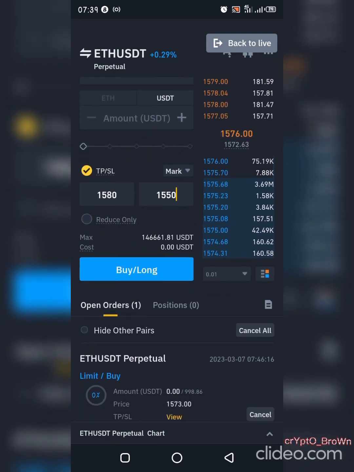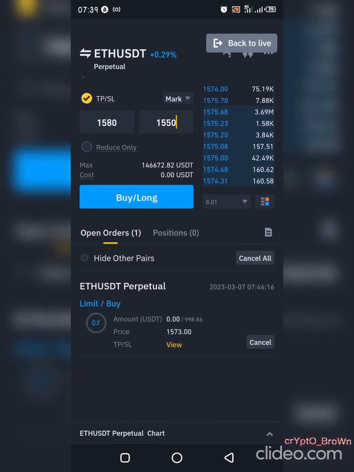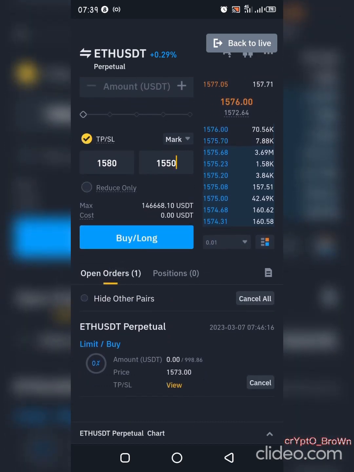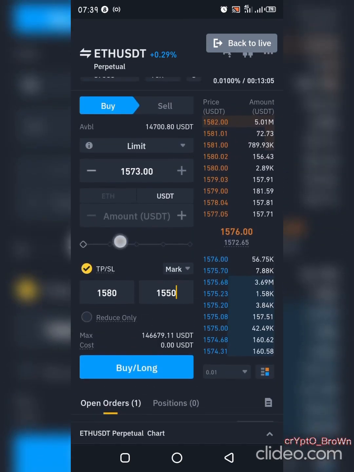That's why your order is in open orders. But when the price goes into your way, it will trigger and it will turn into positions. Take note of that. When the price goes into your way, it will trigger and it will come into your positions, which means you are now in the market. Let's move on.